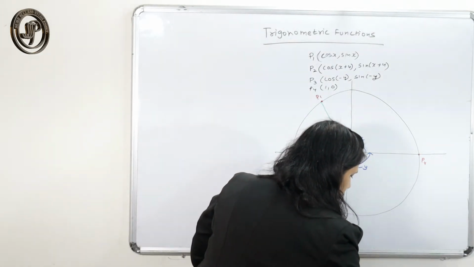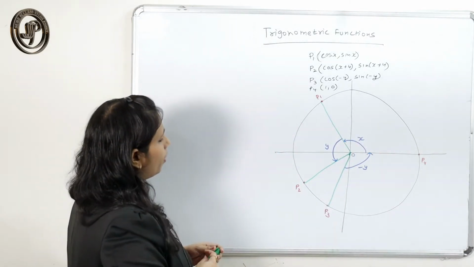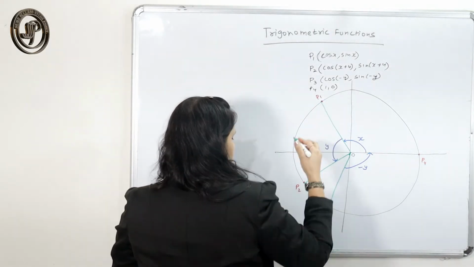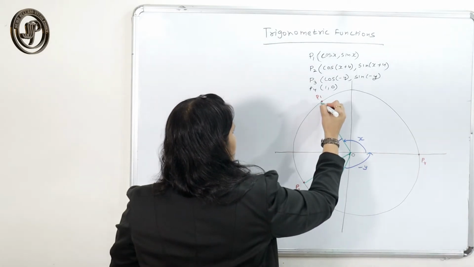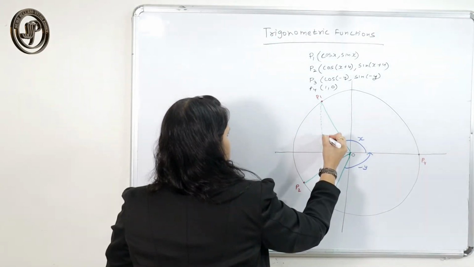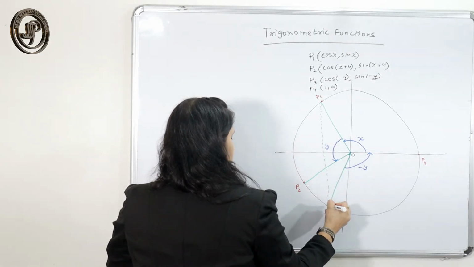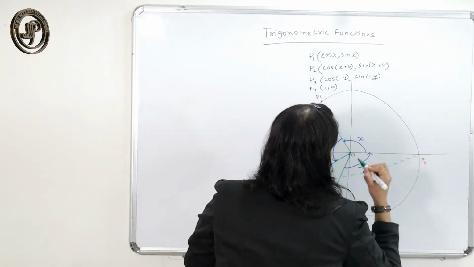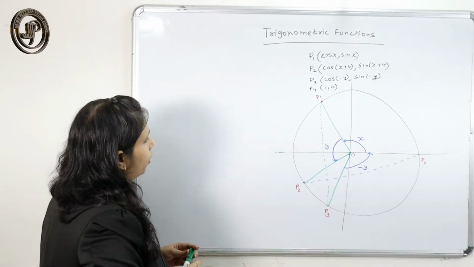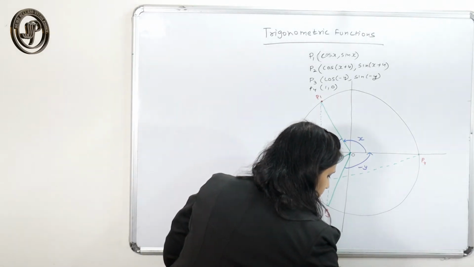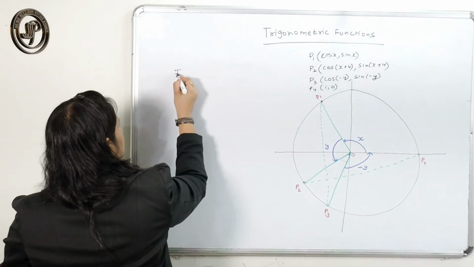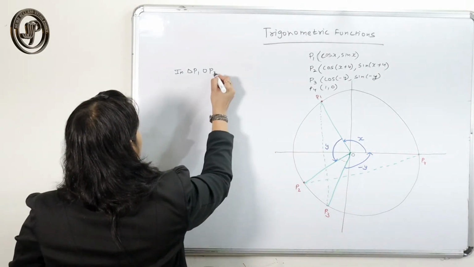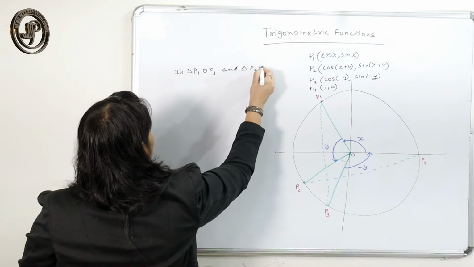Now what I am going to do is join P1 P3 and P2 P4. Then we can consider triangle P1 O P3 and triangle P2 O P4.